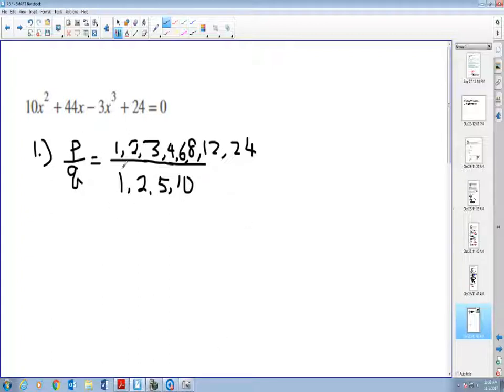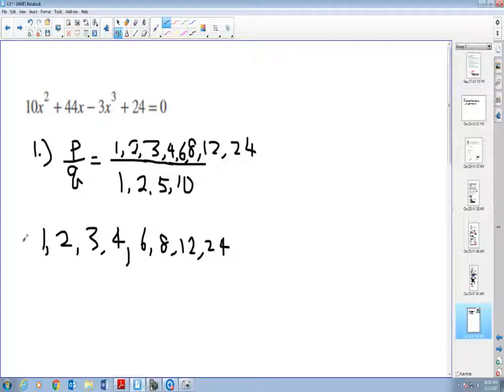So let's do the P over Q. Alright, so if I do all these numbers on top over 1, I should have 1, 2, 3, excuse me, 4, 6, 8, 12, and 24.